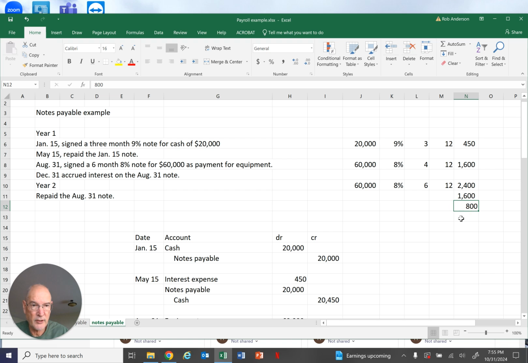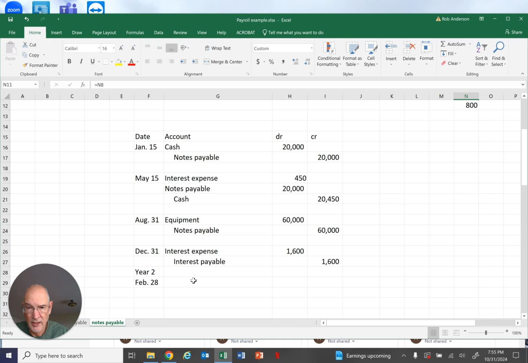That will be 800 for January and February, and the previous year 1,600, totaling 2,400. Okay, so we're going to have interest expense again. So here's our interest expense, and the new amount is 800. Now we have to pay off our interest payable. Remember, that's a balance sheet account. It didn't get closed.